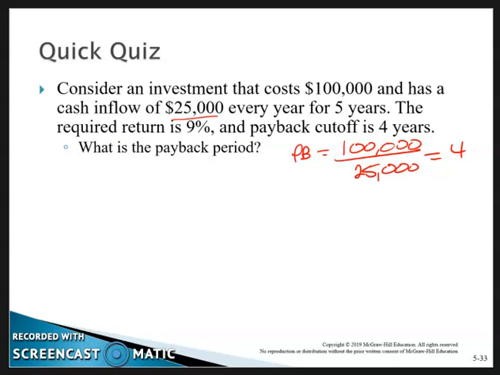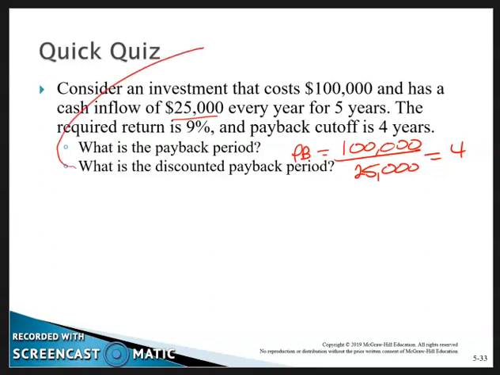The discounted payback period. Okay, so to calculate the discounted payback period, we're going to use the cash flow function in our cash flow calculator.